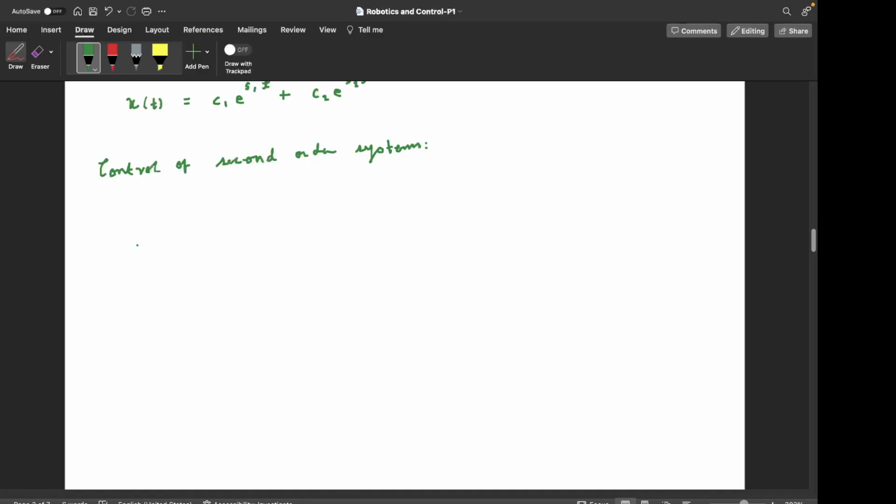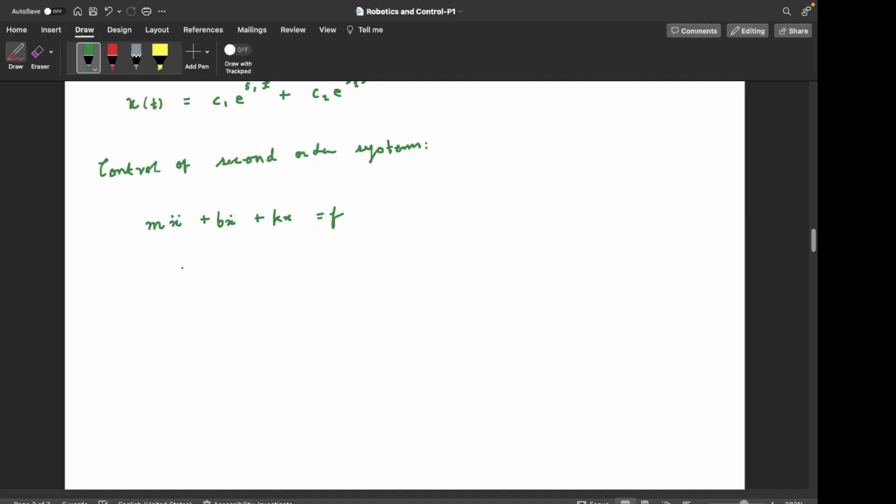Okay, so the most basic form of the control is m x double dot plus b x dot plus k x is equal to f, right?